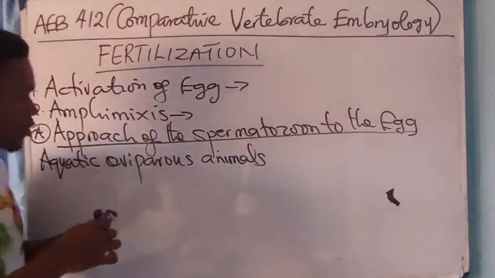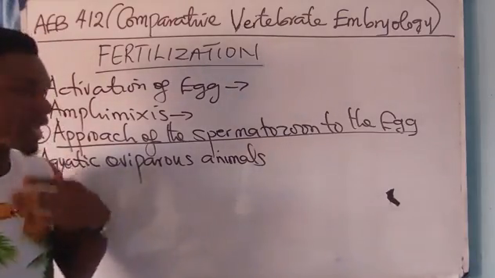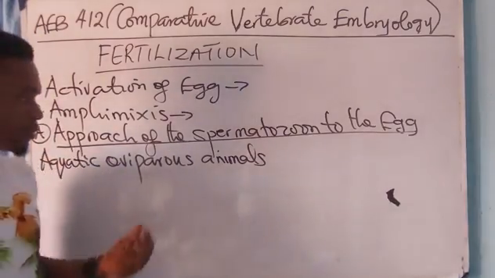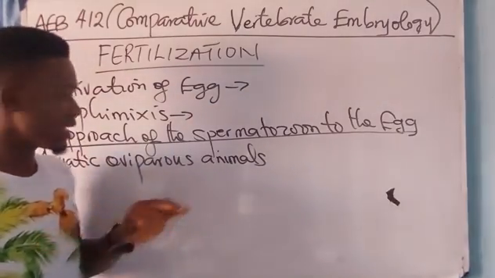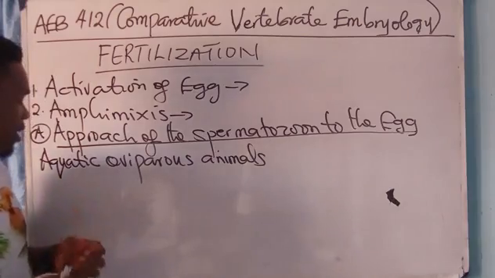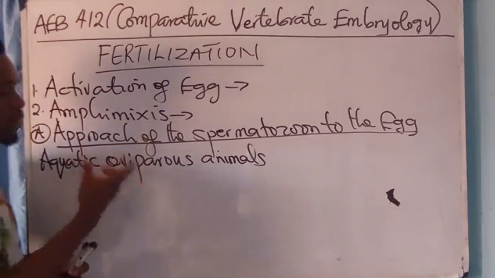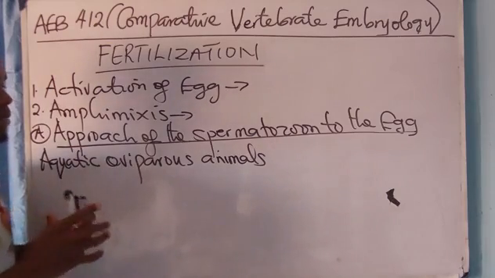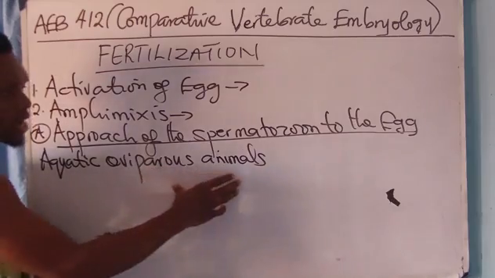Of course, oviparous animals are animals that lay eggs, so they are called egg-laying animals. And fertilization is external, and they lay eggs. Some of them are aquatic organisms, and some of them are terrestrial. But right now, I'm going to be restricting myself to just aquatic oviparous animals.